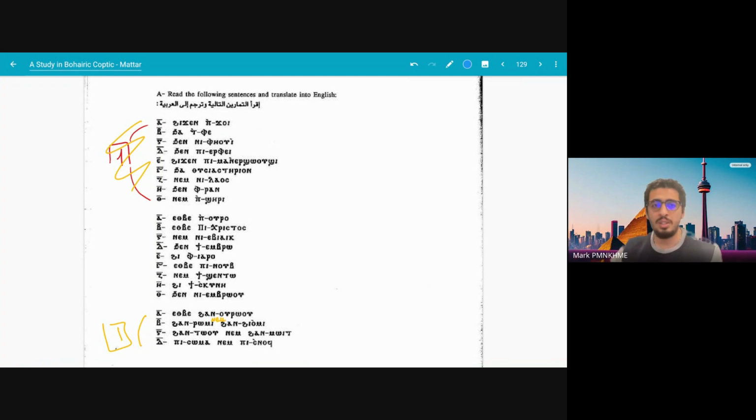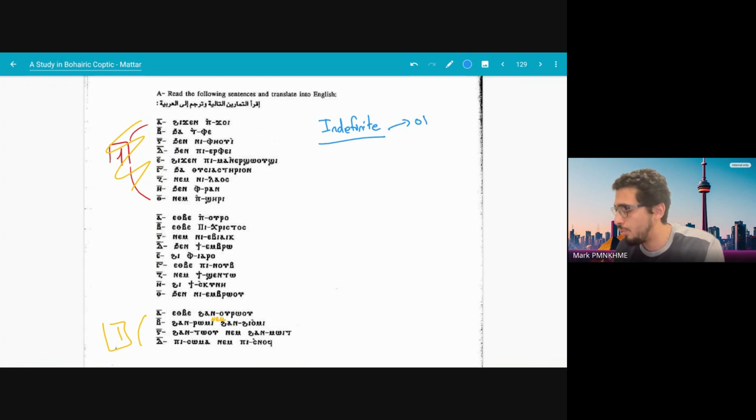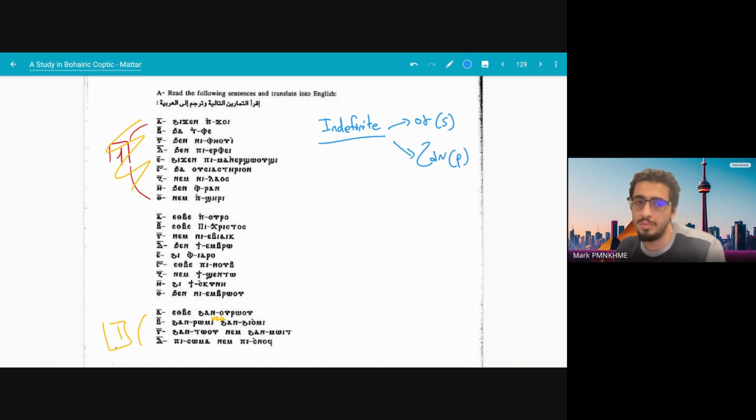What we did last week, the first thing, was the indefinite articles. The indefinite articles do not care about masculine or feminine, like the definite articles do. They have 2 things: u and han. That's it. U for singular and han for plural. It doesn't matter if you're masculine or feminine.